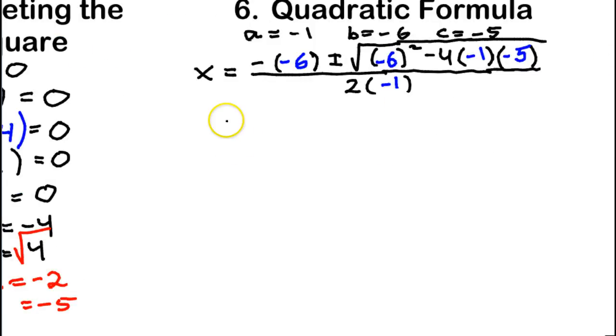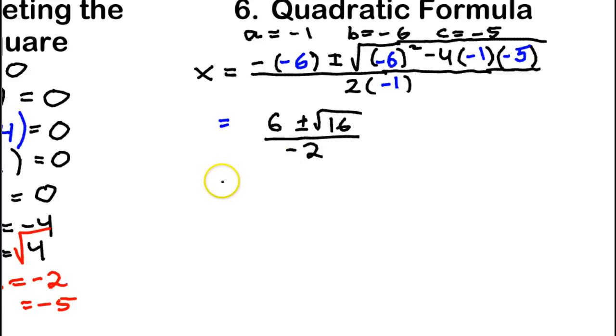So far, I know this. I know I'll have 6 positive plus or minus the square root of 16 all over negative 2. So 36 minus 20 is 16. The square root of 16 is just 4.